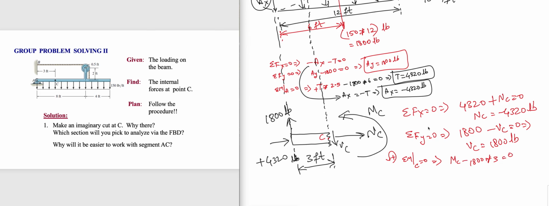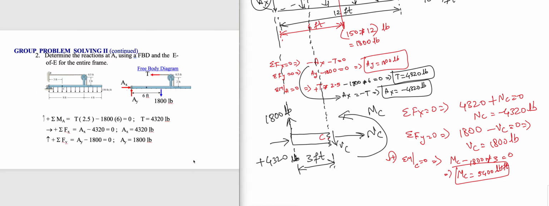Mc is 1800 times 3, it is 5400 pounds. No, pound feet, right? Pound feet. I'm sorry. That's it. That's the problem.